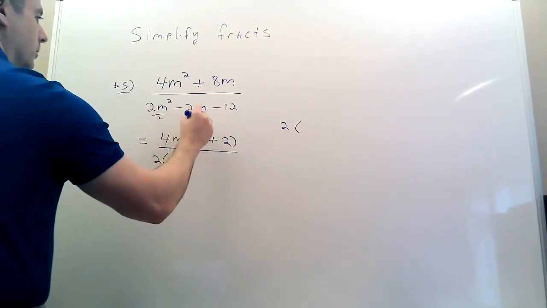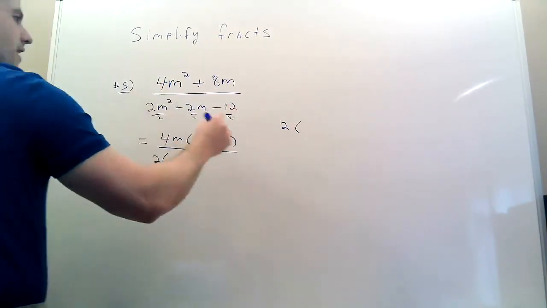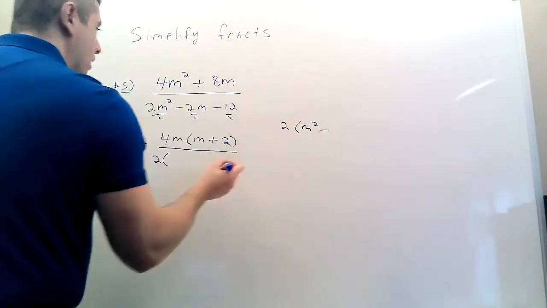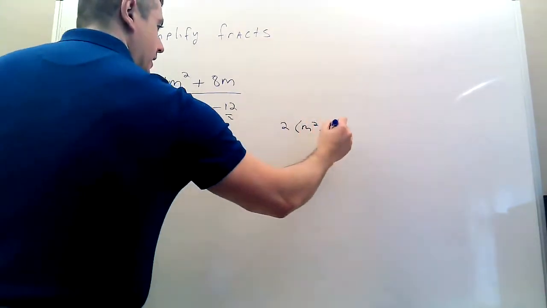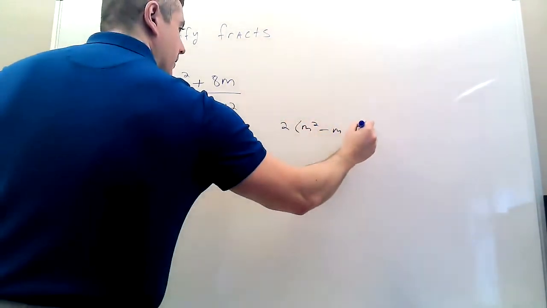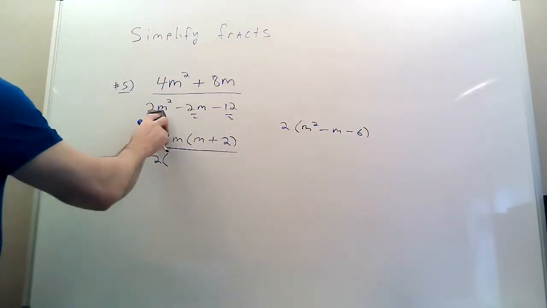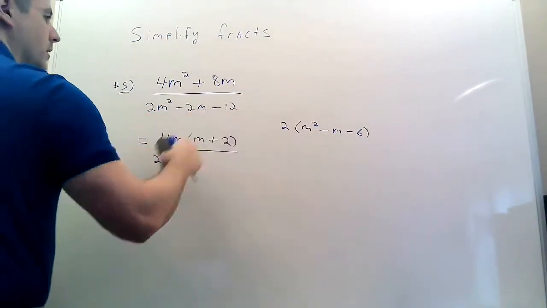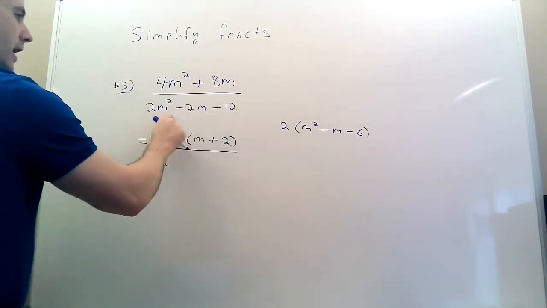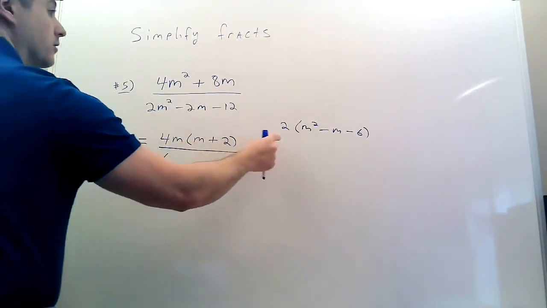If it helps you to put it underneath, put it underneath. So those 2's crossed out. You're left with m squared. 2 divided by 2. Don't forget the negative there. That's 1. And then cut that in half. All I did is divide the numbers by 2 and move that into the front. You don't mess with the letters. You can't take out 2m. I see people do this.